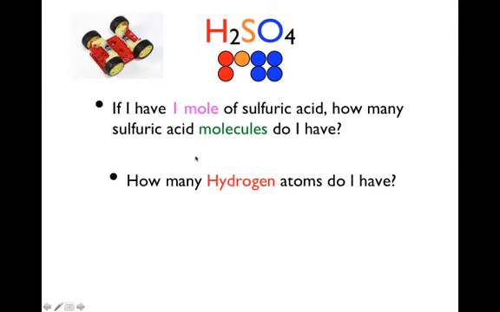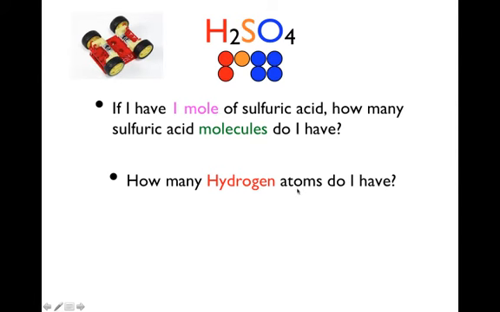Next question. How many hydrogens do you have if you have 1 mole of sulfuric acid molecules? You can pause and think about this. The answer is based on the fact that every 1 molecule of sulfuric acid has 2 hydrogen atoms. And the question is, how many hydrogen atoms do you have?